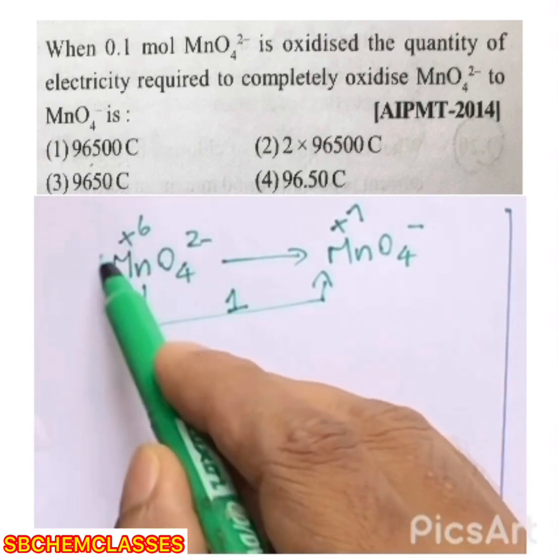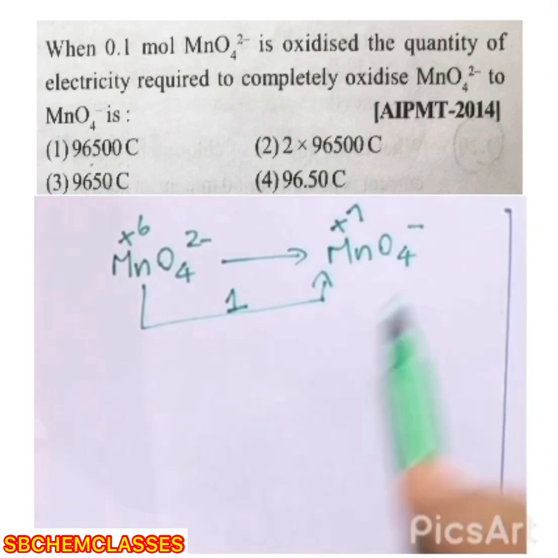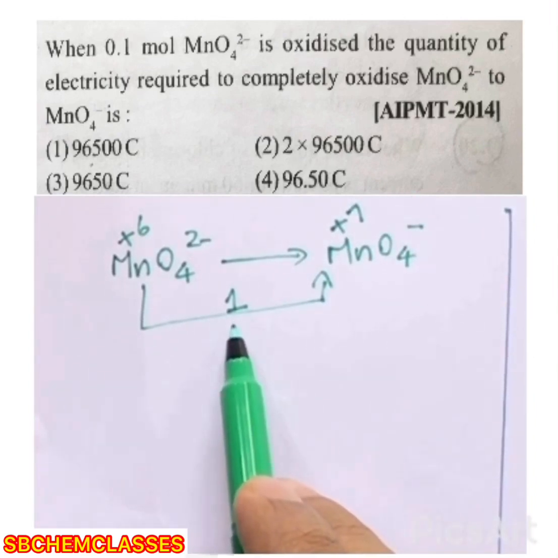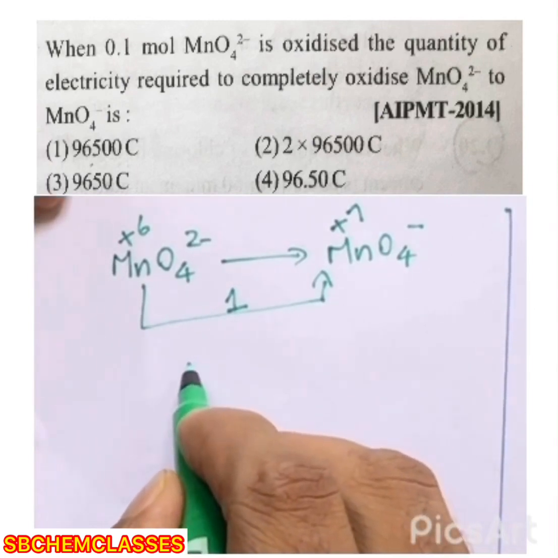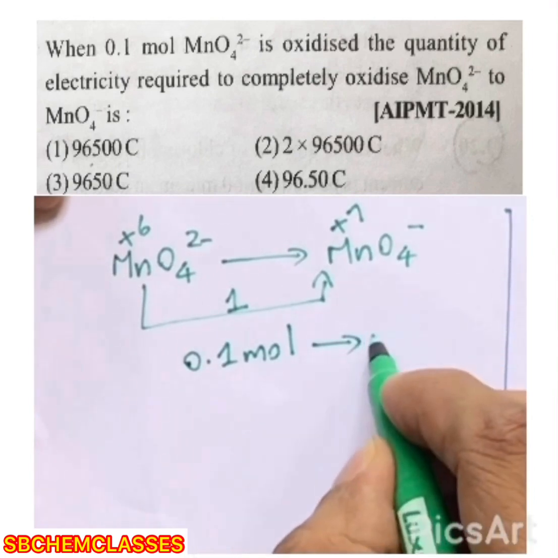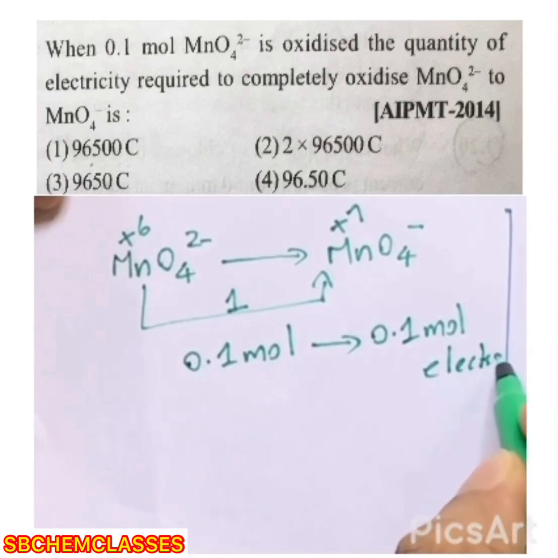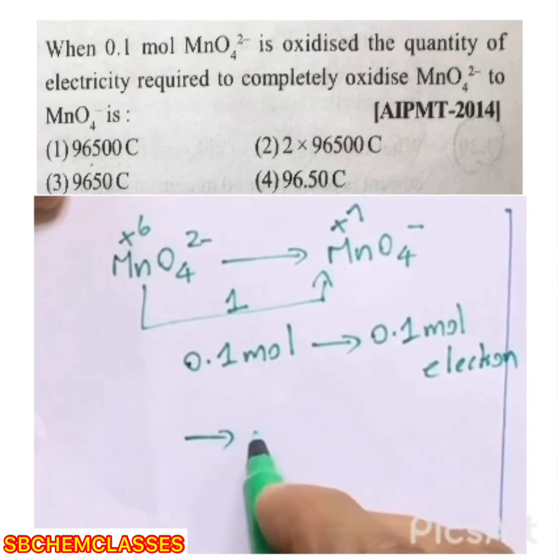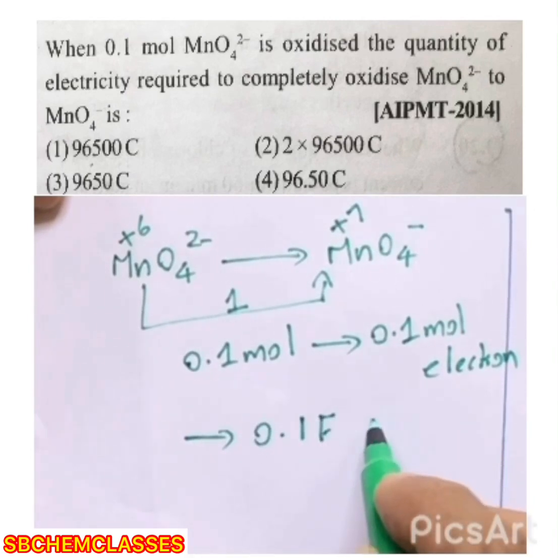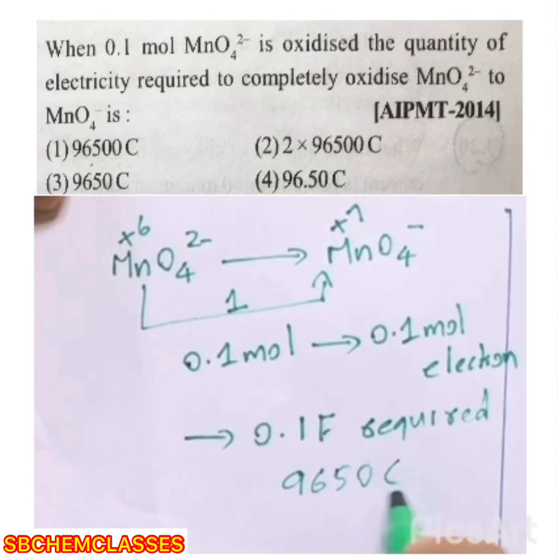From 1 mole MnO4 2-, 1 mole MnO4- is formed by losing 1 mole electron. So 0.1 mole MnO4 2- releases 0.1 mole electron. For 0.1 mole electron, 0.1 Faraday is required. 0.1 Faraday means 9650 coulomb. That is option 3.